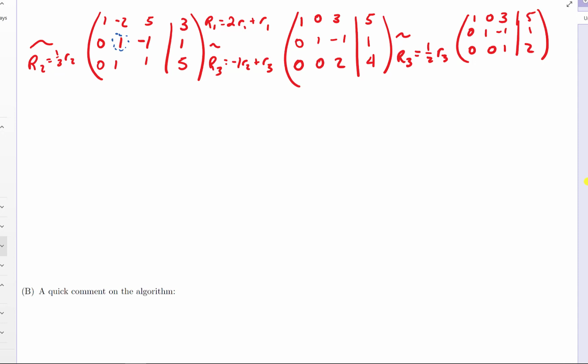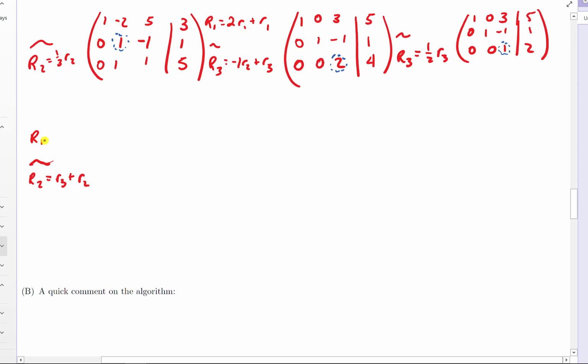Okay. So finally, this is what we were operating off of as our pivot position. We got a 1 in that pivot position, and now we want 0s above it. To get a new row 2, we're simply going to add our old row 3, the pivot row, to the old row 2.